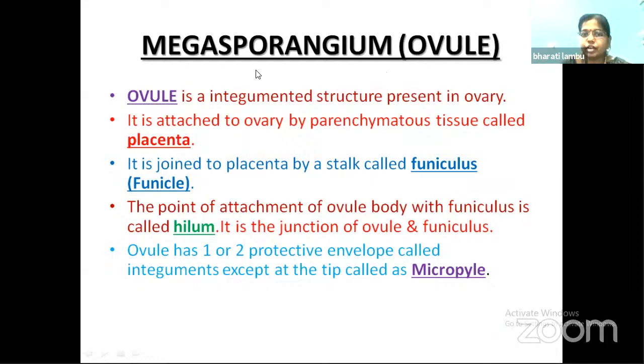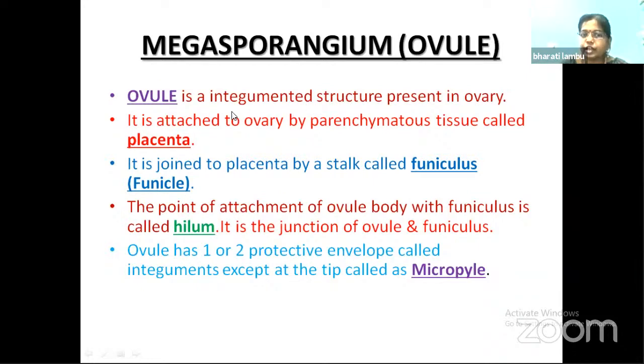That is why it is called an integumented megasporangium, nothing but the ovule. So what is ovule? Ovule is an integumented structure present in the ovary. Where is the ovary present? The ovary is present on the thalamus of the flower. So the ovary contains the ovule.